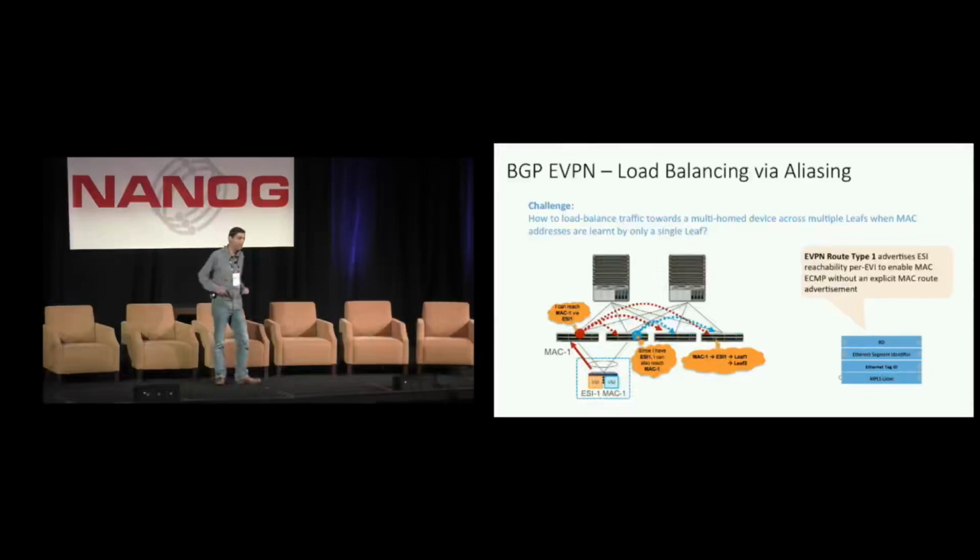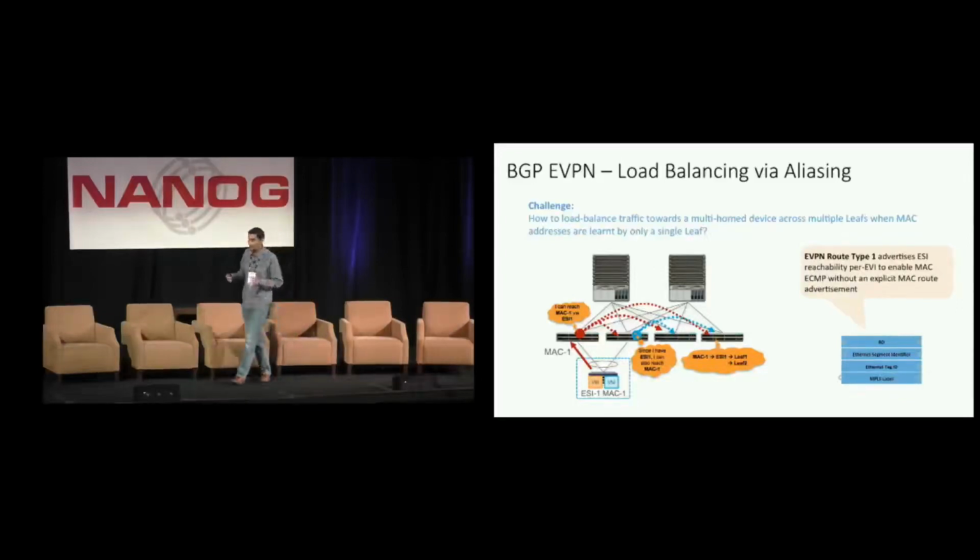For example here, if the host is multi-homed to 2 leaves via ESI1, both leaves will advertise reachability to ESI1 in the context of each EVPN that is enabled on that Ethernet segment.